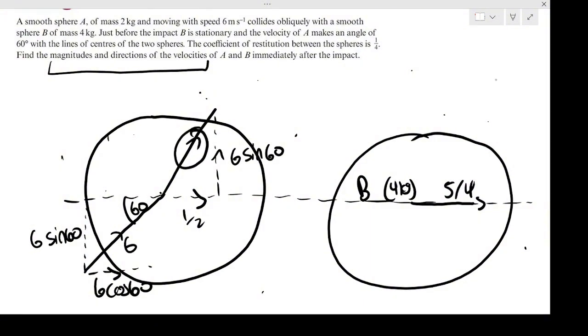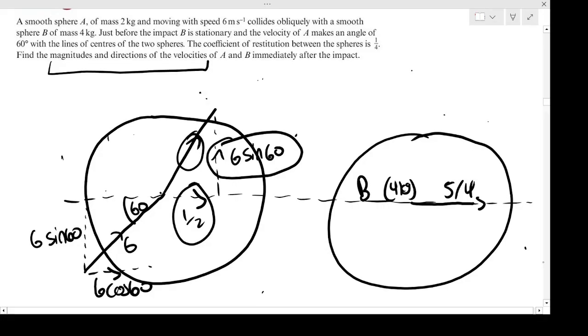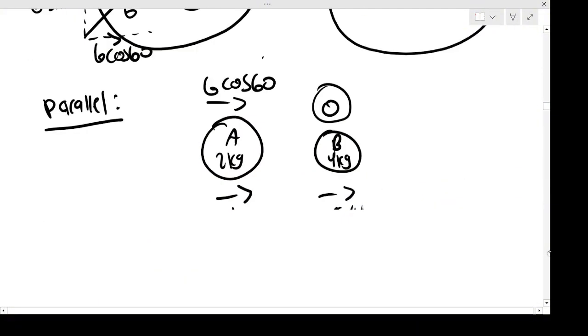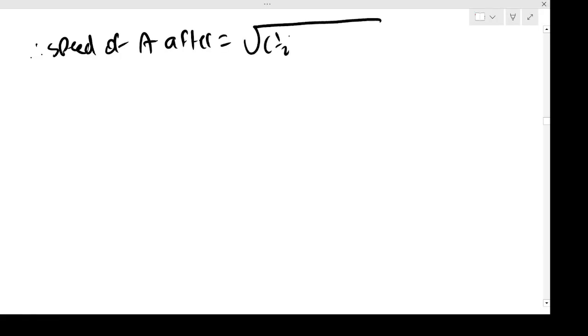Okay. Now obviously, hopefully you can see I've got this triangle here. So if I want to find the hypotenuse, well, this side is 1/2 and this side is 6 sine 60. Therefore, the speed or the magnitude of this is going to be 1/2 squared and 6 sine 60 squared. So I'm going to do it down here. So therefore, speed of A after is going to be the root of 1/2 squared and then 6 sine 60 squared, I believe.